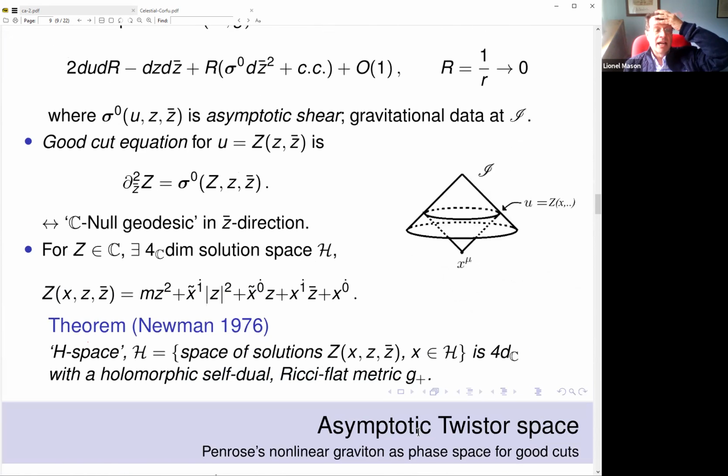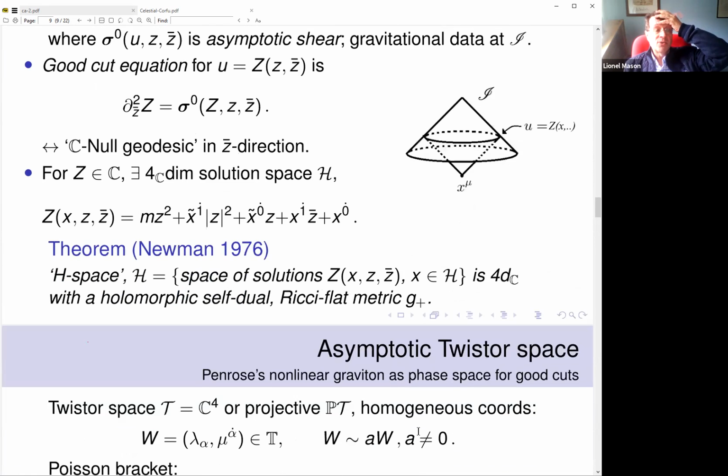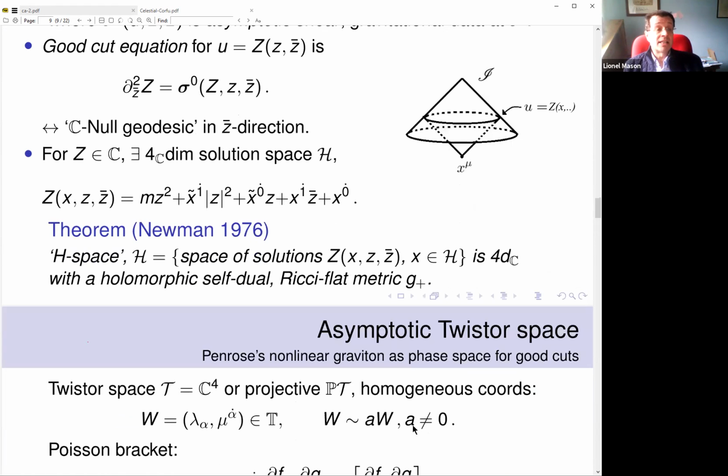Within the year, Roger Penrose reformulated that in twistor space. And in some sense, this isn't so difficult from the perspective of thinking about null geodesics in complex Scri or split signature Scri. As far as Roger was concerned, the asymptotic twistor space is somehow, well, he didn't say it like this, but you can say it by saying that it's a phase space description of these null geodesics.